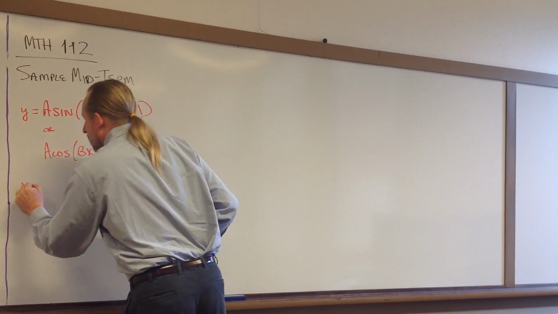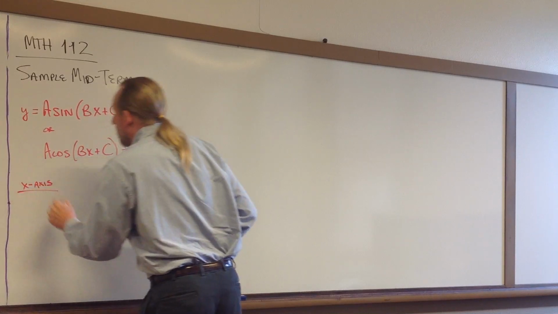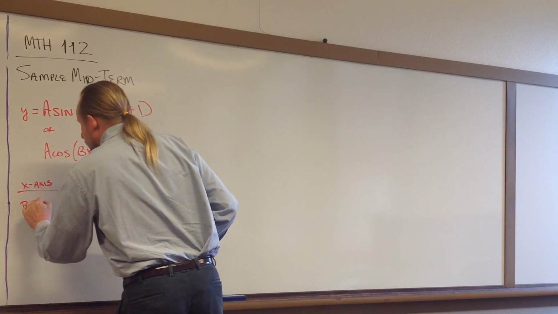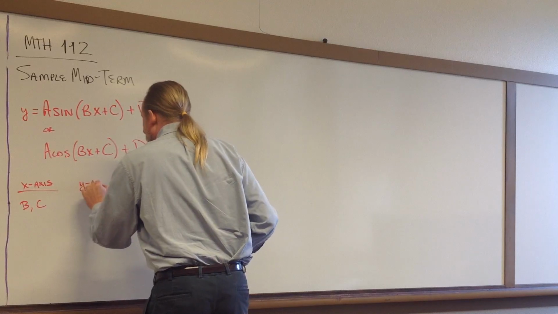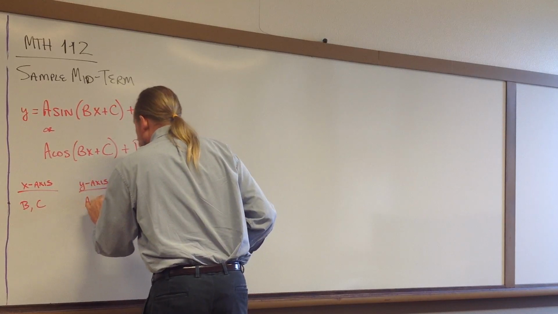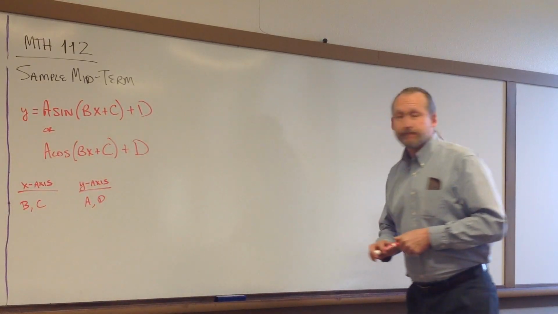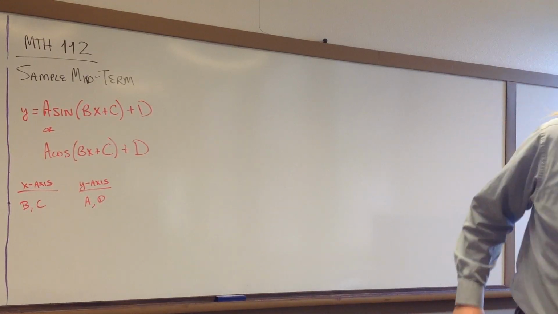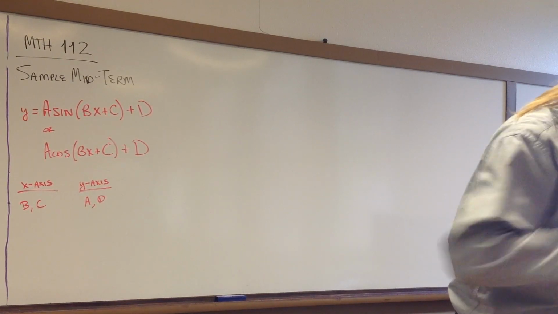Okay, and so I'm not going to write the whole thing out, but the x-axis is affected by B and C, and the y-axis is affected by A and D. Okay, so let's see here.